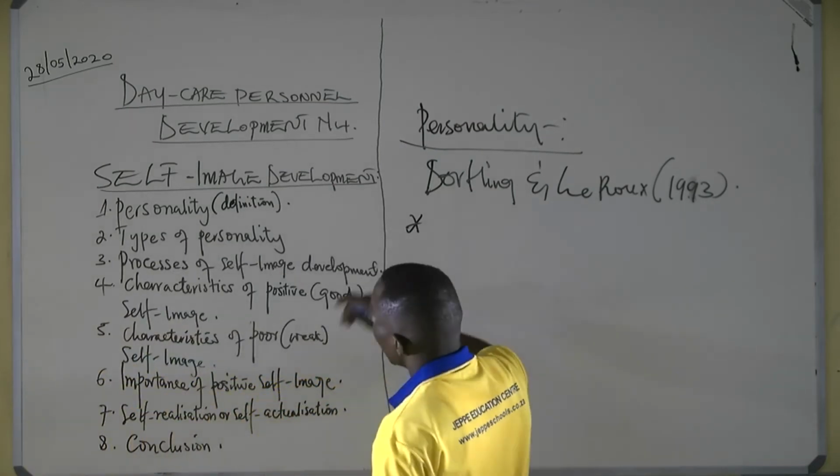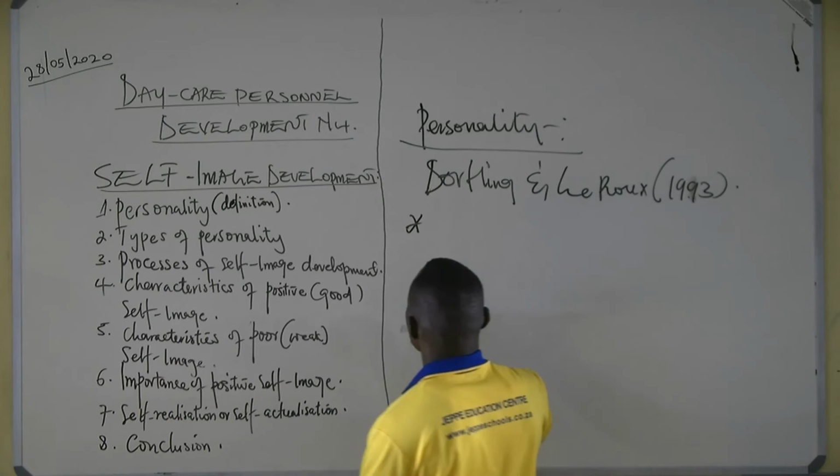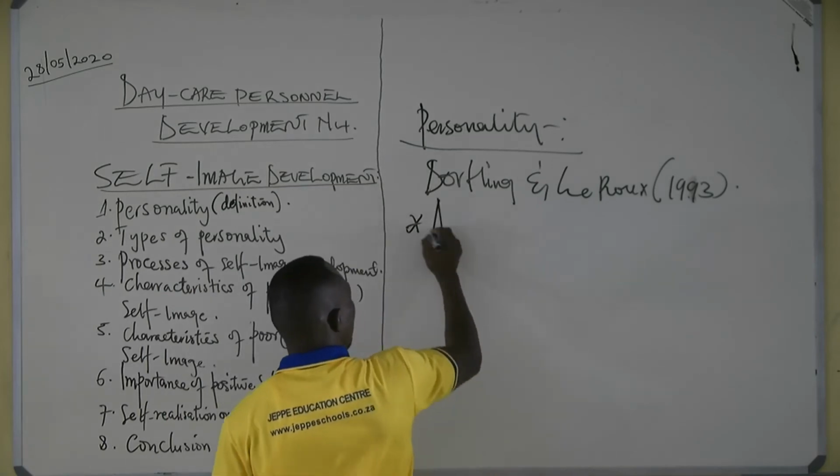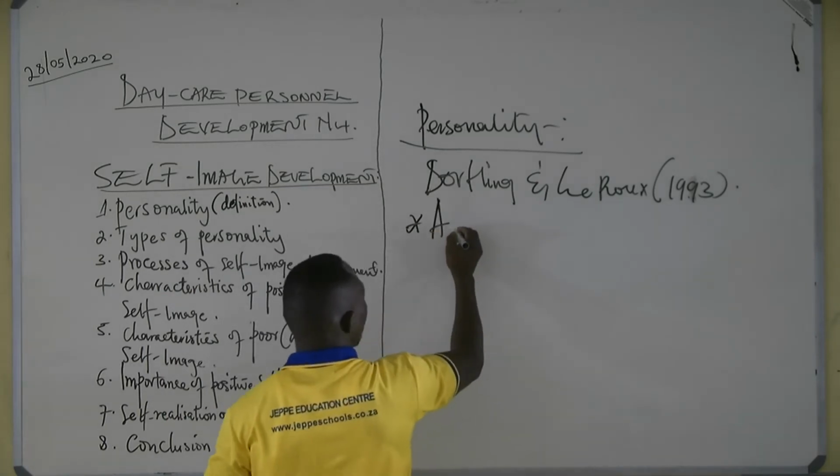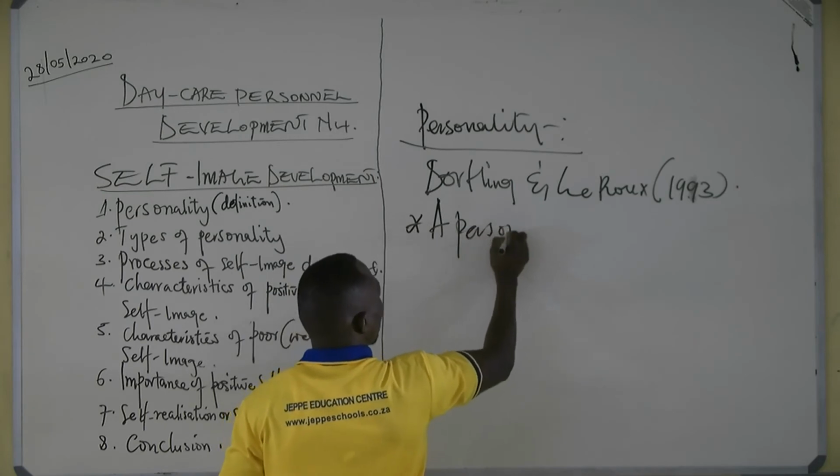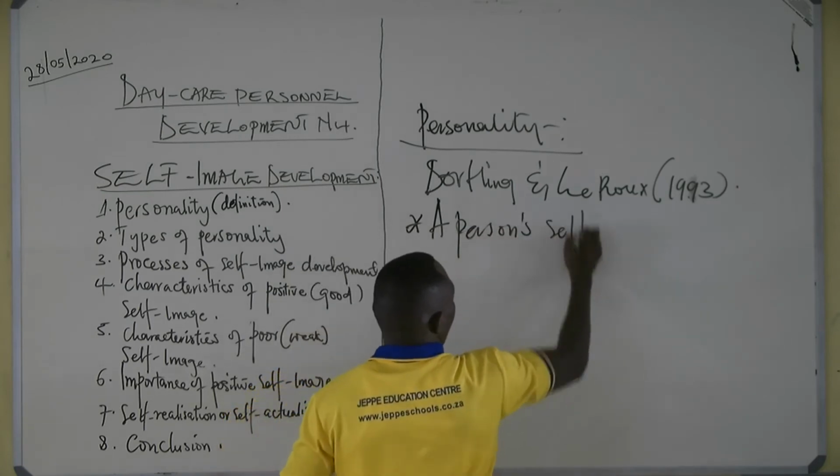One of them summarizes personality as being a person's self-image. They define personality as being a person's self-image.